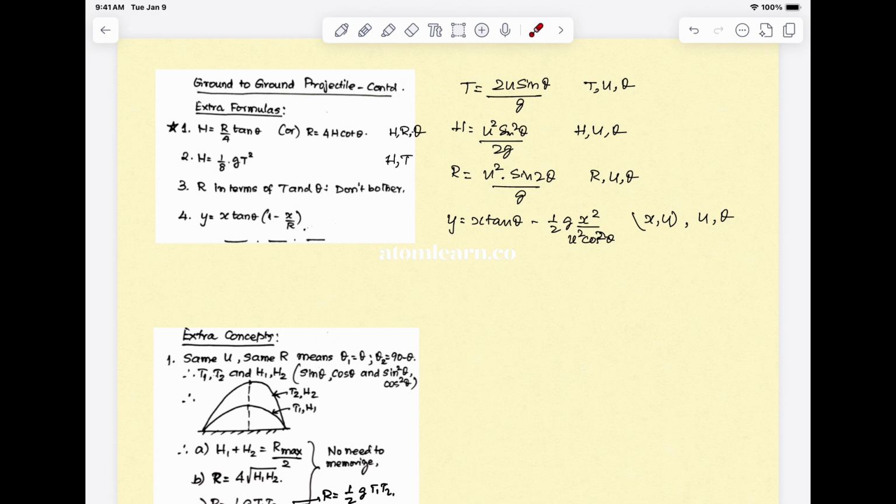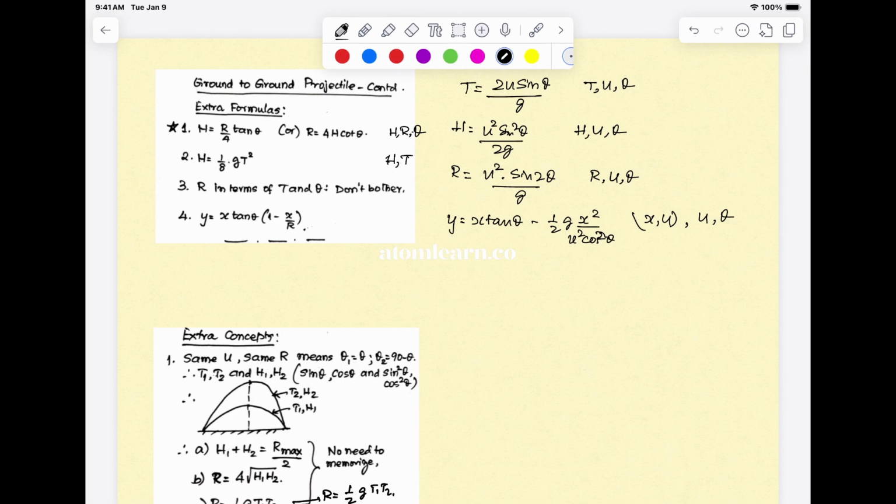Next, the fourth equation is nothing but the curve equation, where if you relate, u squared cos squared theta can be converted in terms of r. How? I'll show you.